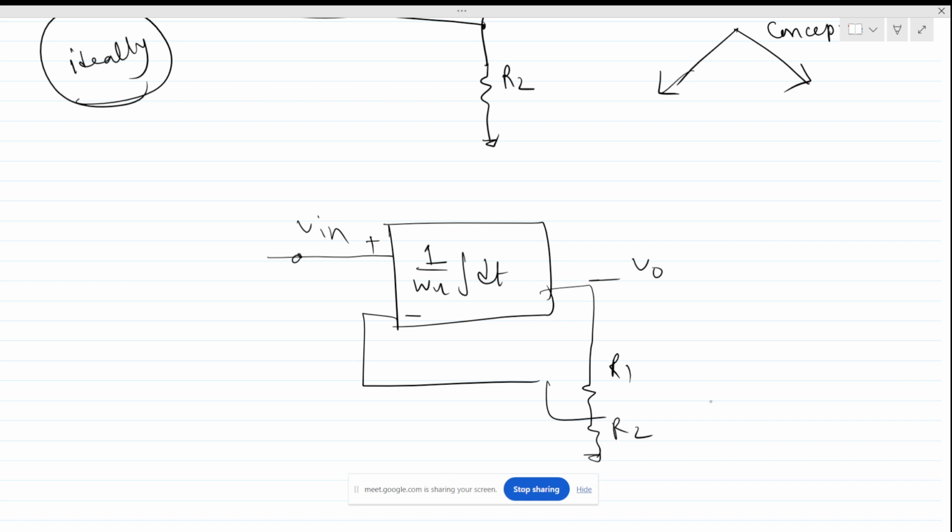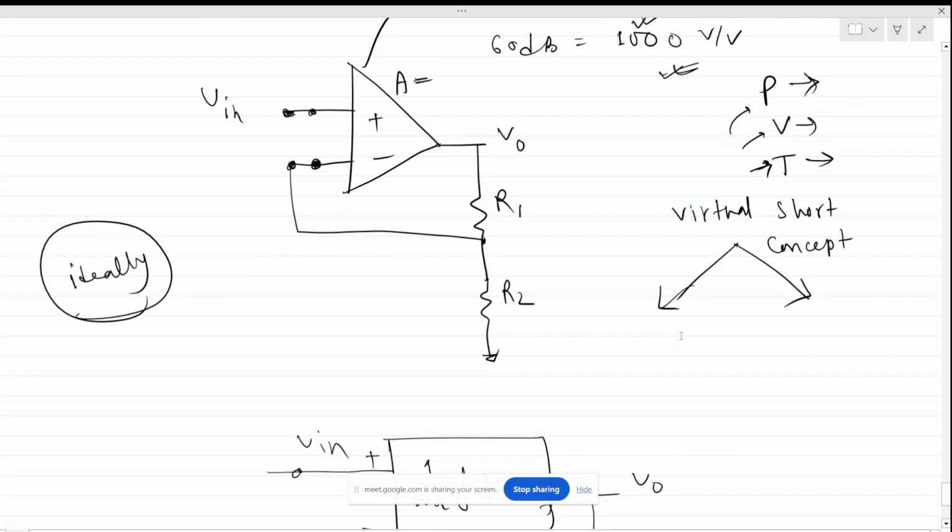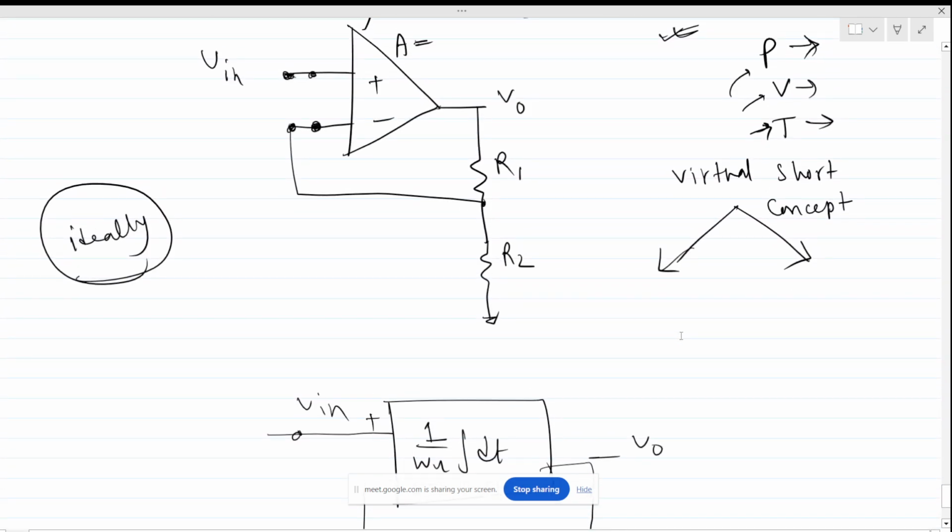So why has this virtual ground short concept arrived? Because we need a finite output, not infinite, as infinite is not possible. We need a controlled finite output. Our electronic signals are in the millivolt or microvolt range, so if we apply a small amplitude signal here, it needs high gain to get some volt range output.